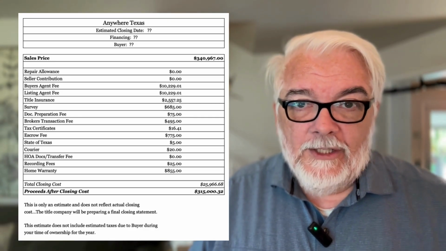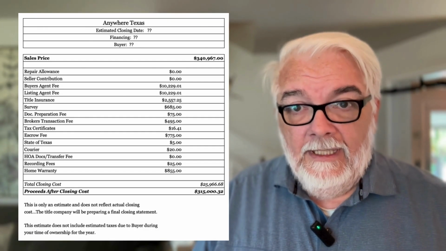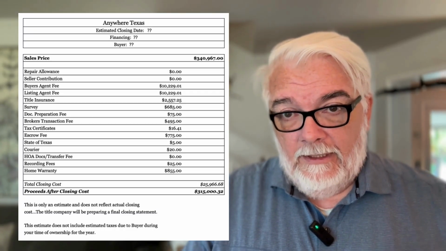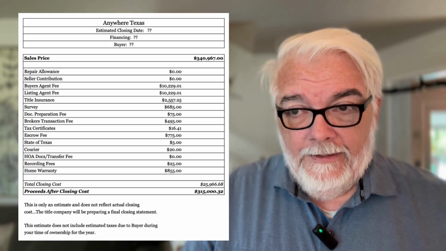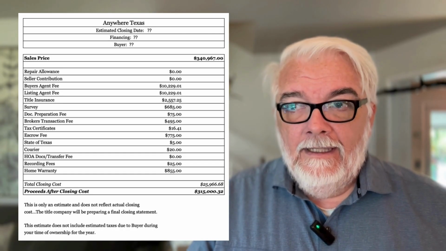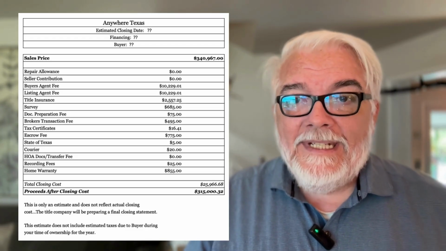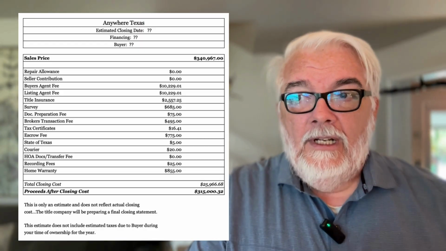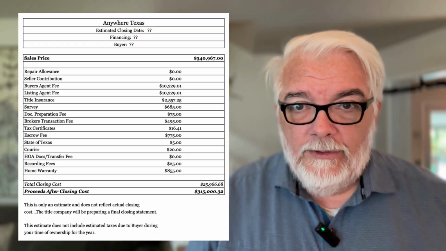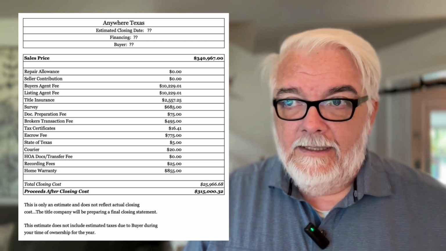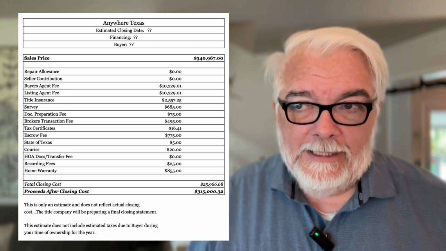If the property is situated in a homeowners association, the seller will be paying for a new set of the documents, which include the bylaws, rules, regulations. They have to be a new set or a set within the last 90 days. And they're also paying for the resale certificate, which is a document that covers: are there any outstanding dues or balances on the specific property, as well as is there any lawsuits or anything against the property.